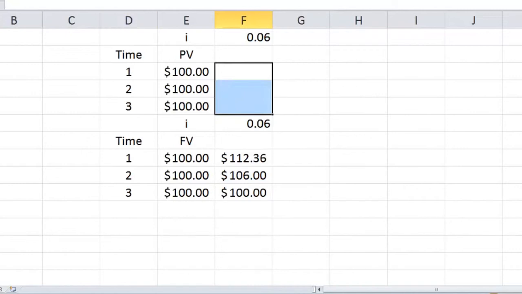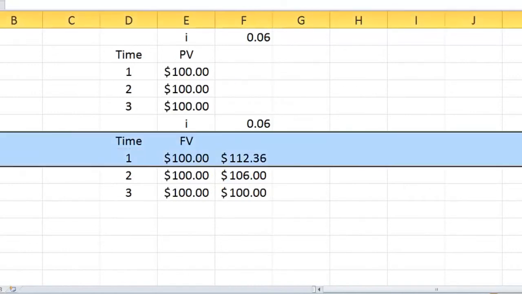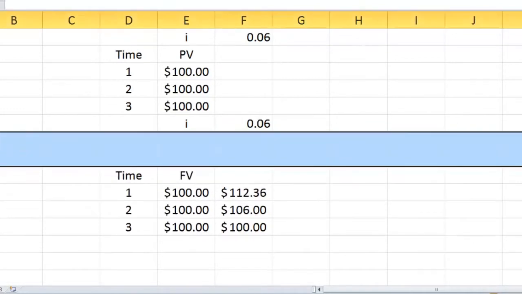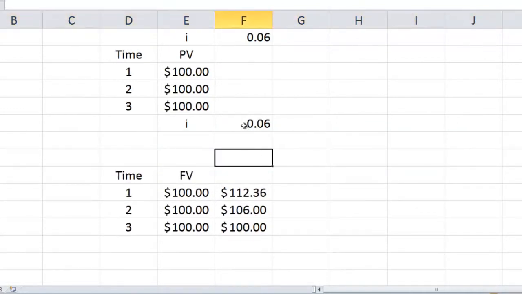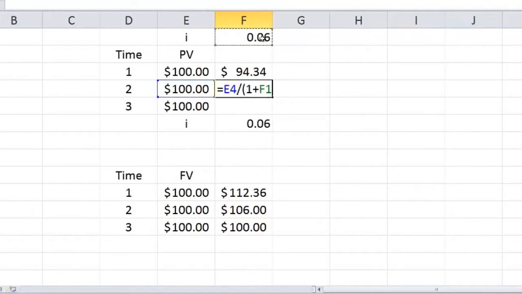Now up here we will be discounting. So if we discount these back to time 0, we're going to take this amount and divide it by 1 plus the rate. Here we're going to divide by 1 plus the rate squared, because it's received 2 periods into the future.